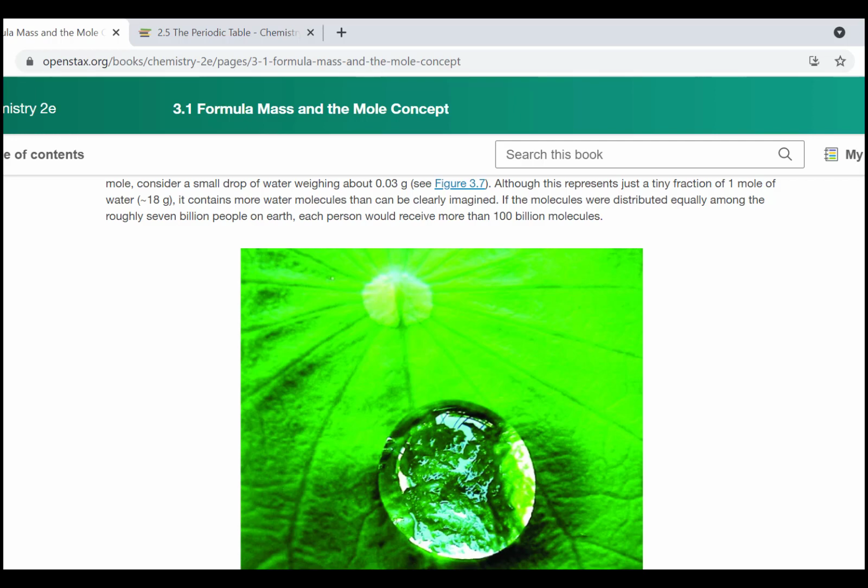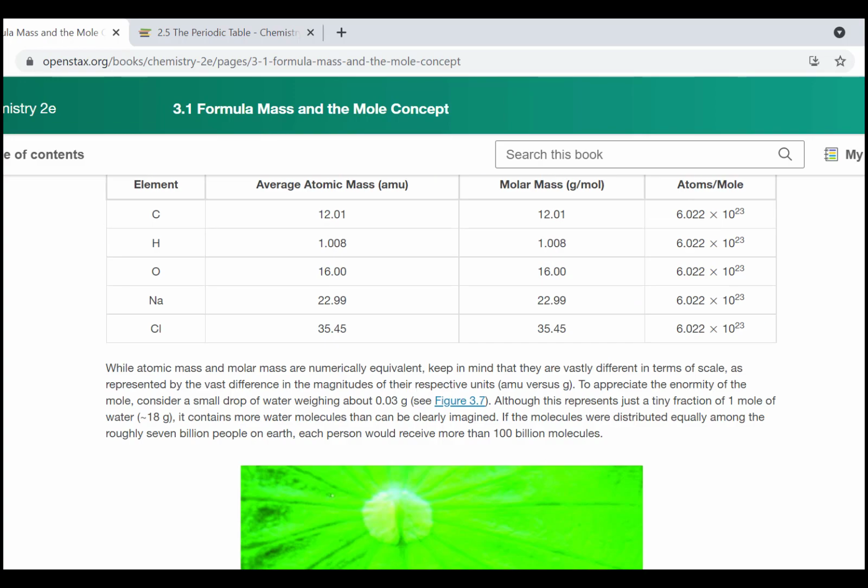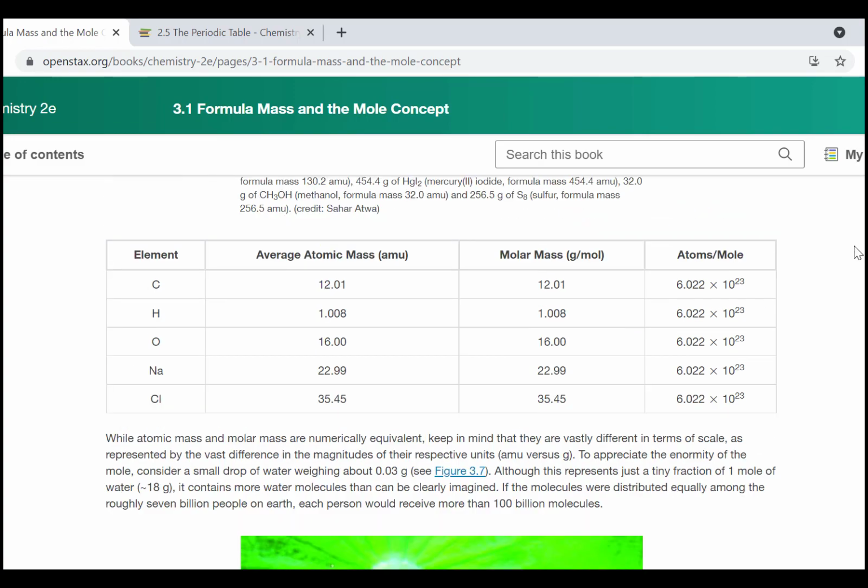So I'm sharing these examples not because I expect you to memorize them, but just so that you appreciate, when we talk about this number, 6.02 times 10 to the 23rd, how absurdly large a number like that is.